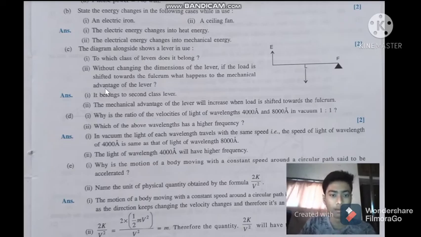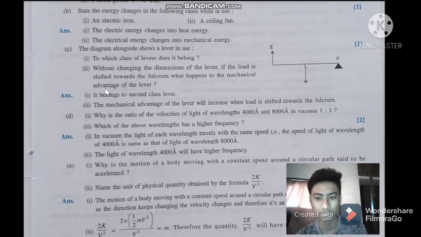Next, it's given D. What is the ratio of velocities of light of wavelengths 4000 angstrom and 8000 angstrom in vacuum? 1:1. Why is it so? In vacuum, light of each wavelength travels at the same speed. That is, the speed of light of wavelength 4000 angstrom is the same as that of light of 8000 angstrom, as in this case we take red and violet light respectively.